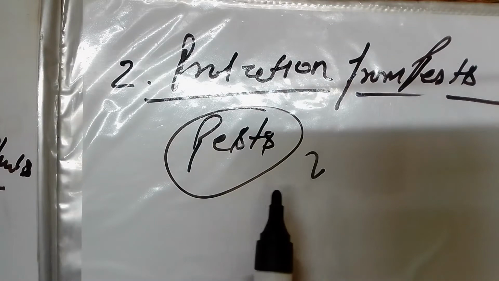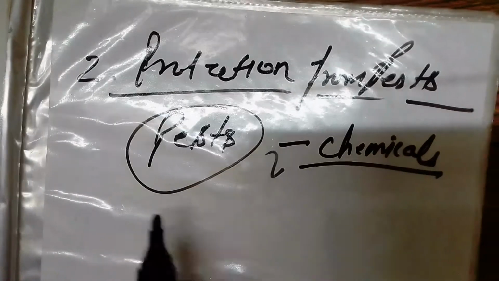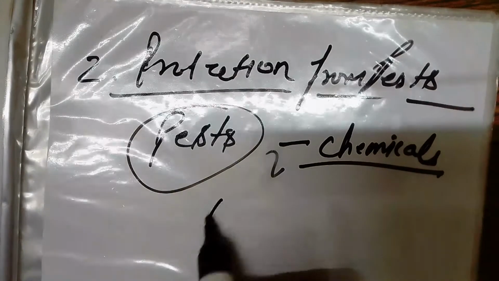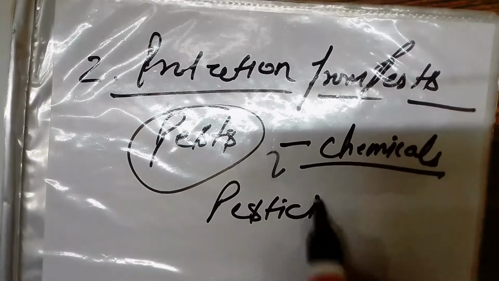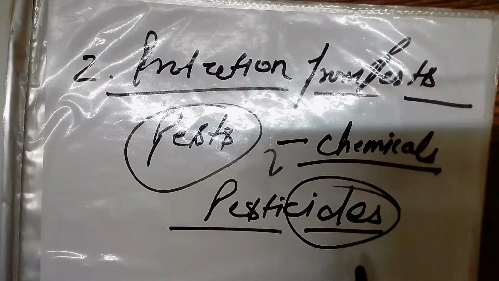Now these can be removed by spraying certain chemicals. These can be killed by spraying chemicals which are called pesticides. I told you earlier, cidal means the killing effect.